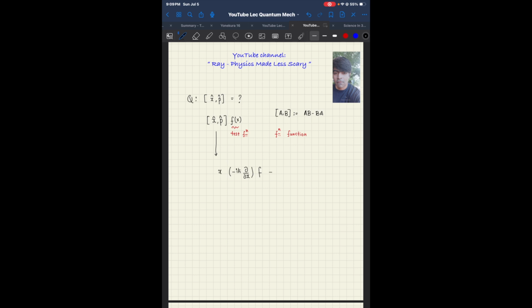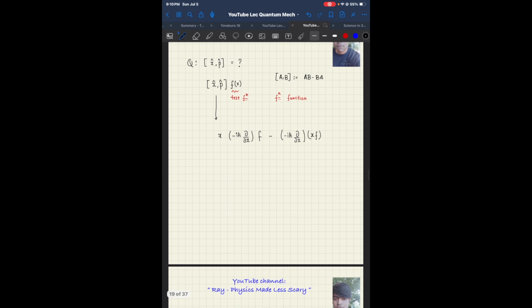So, x p acting on f minus p acting on x f. Do you see that it follows from here, right? Because I'm evaluating this, so there is an f here and there is an f here.